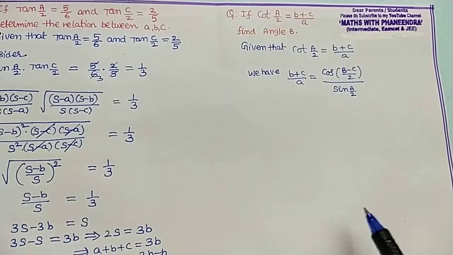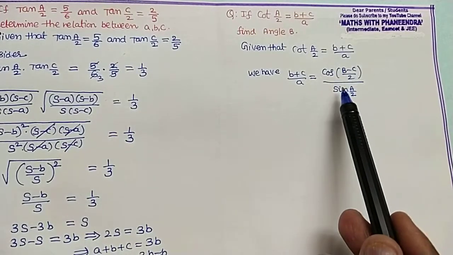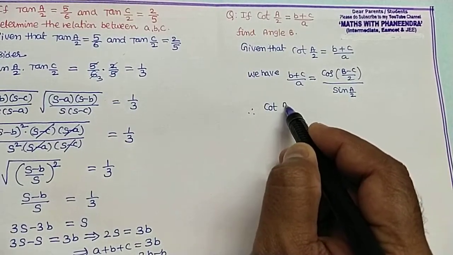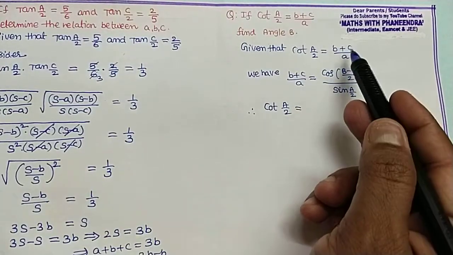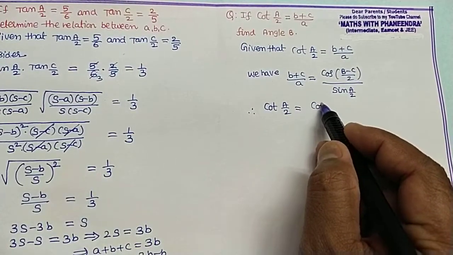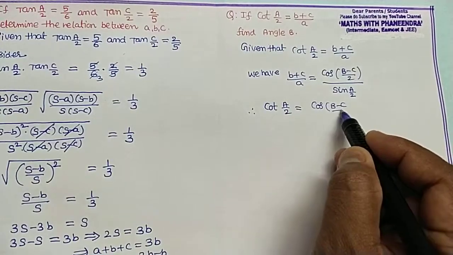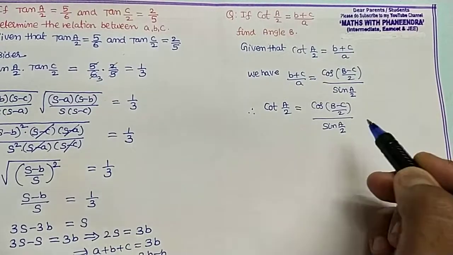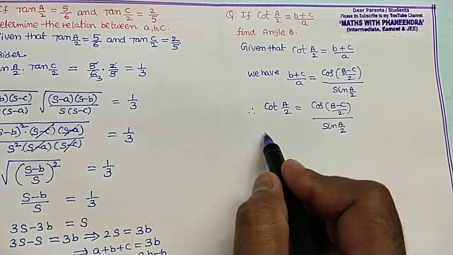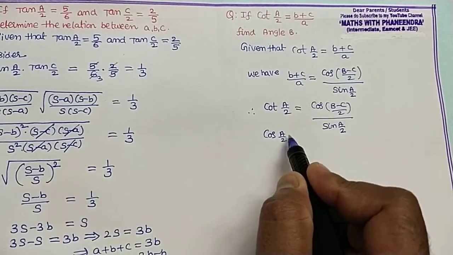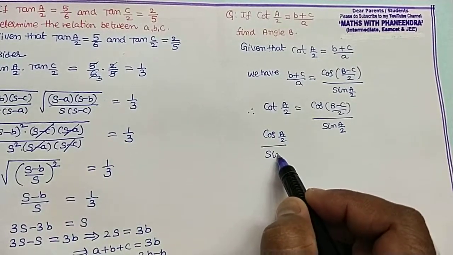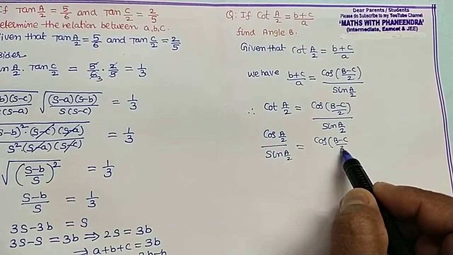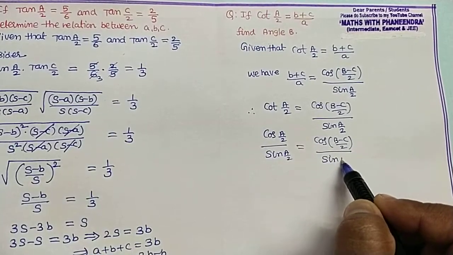Now, in place of (b plus c) by a, you have to replace with this value. Therefore, cot A by 2 equal to cos of (B minus C) by 2 divided by sin A by 2. In the next step, cot A by 2 can be written as cos A by 2 divided by sin A by 2, which is equal to cos of (B minus C) by 2 divided by sin A by 2.